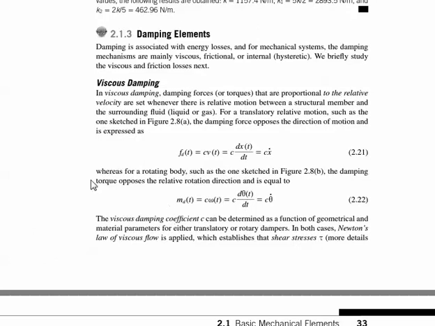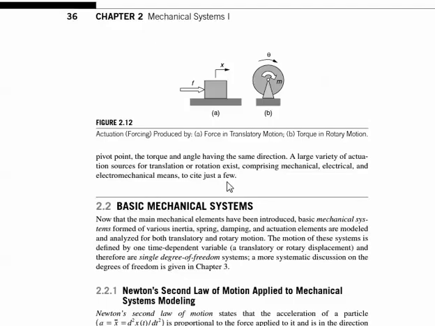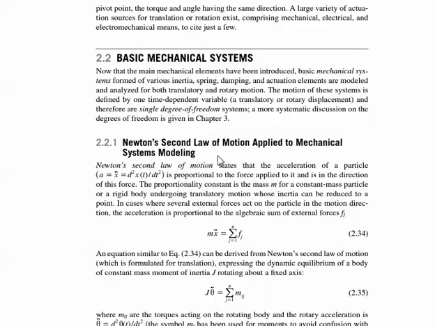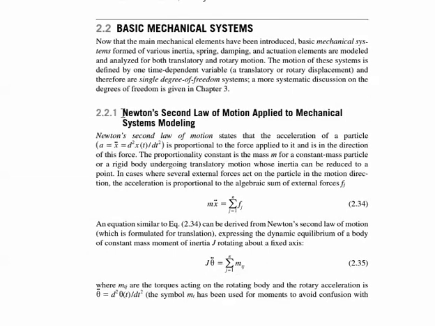After section 2.1 introduces the elements, section 2.2 is where you start using those elements to solve dynamic systems. Before they can do that, they introduce the tool we're going to use, the physics we're going to use to solve this, and it's essentially Newton's second law.